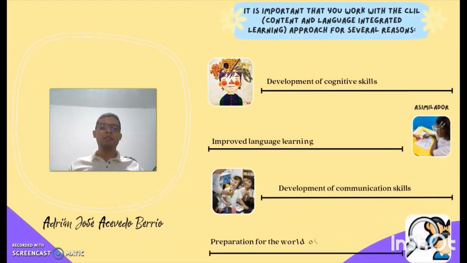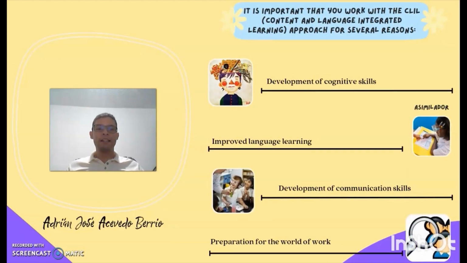Now it is important for us to understand why we need to use a CLIL class to succeed by teaching something new. Here we have some approaches and reasons to use a CLIL class. The first thing that we find is that the development of cognitive skills is pretty relevant.